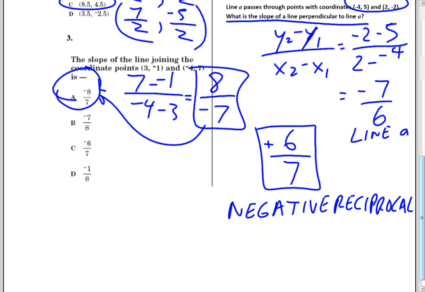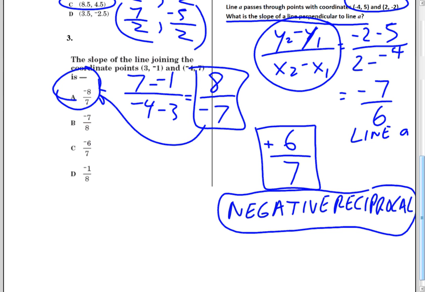That was a 2-step problem. You did slope, and you had to know the idea of negative reciprocal. That's more typical of what you're seeing these days on the math SOLs. Keep that in your new SOL review section in your notebook.